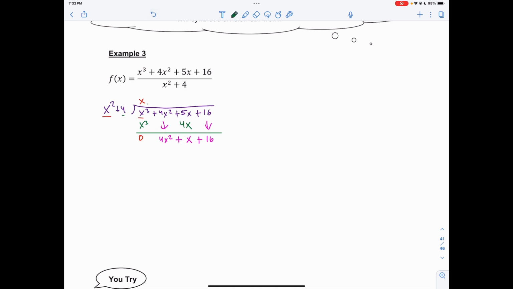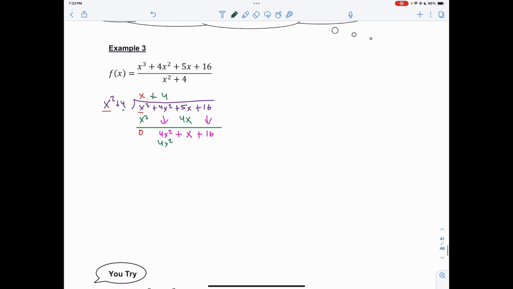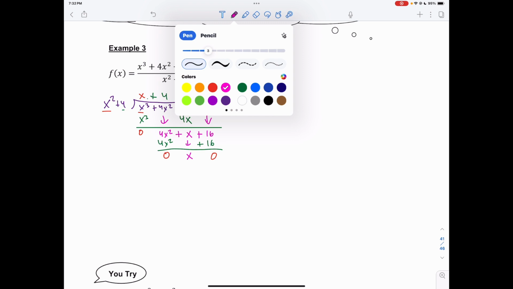Well, in this case, obviously, I'm just going to multiply it by 4. And so when I multiply it by 4, x squared times 4 gives me 4x squared, and 4 times 4 gives me 16. And when I subtract those out, first term gives me 0. Last term gives me 0. But the x will carry through and still just be a remainder of x.